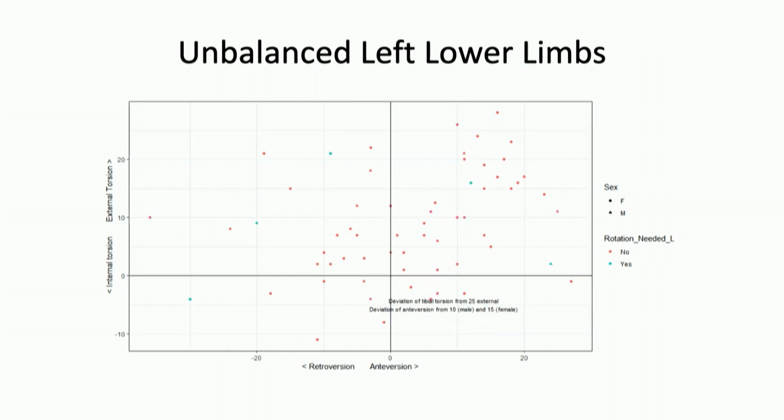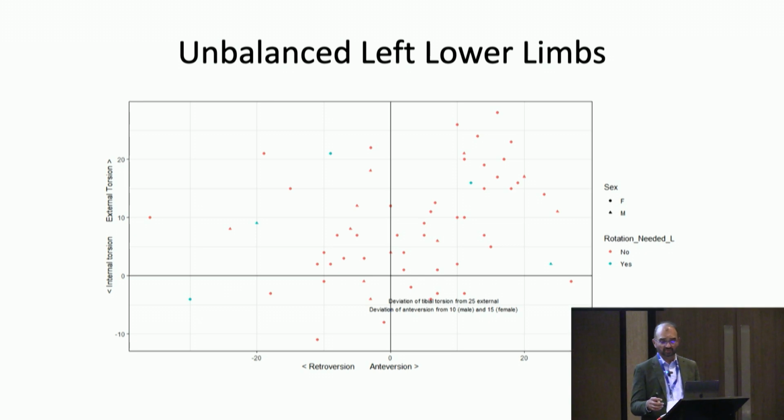So that's the right side. The left side is exactly the same: there's no pattern from a CT-based measurement of version, even when you combine excessive hip and excessive tibia.